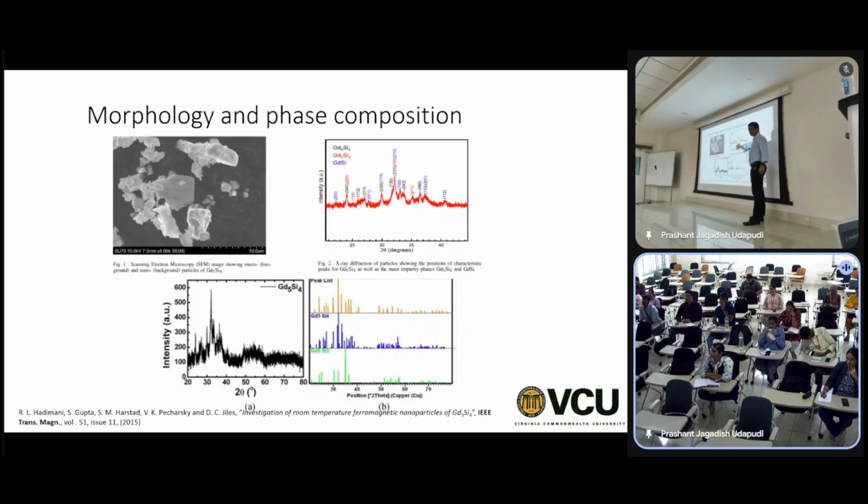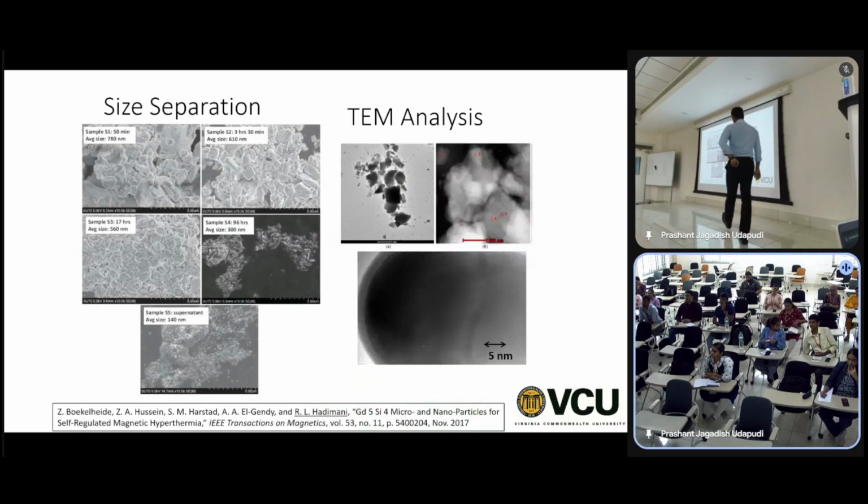That's not possible with crystal structures that are hexagonal or orthorhombic or monoclinic. So here are more SEM images. Here we size separated them. These are bigger particles. Their average size is 780 nanometers, 610, 560, 300 nanometers, and these are really small.